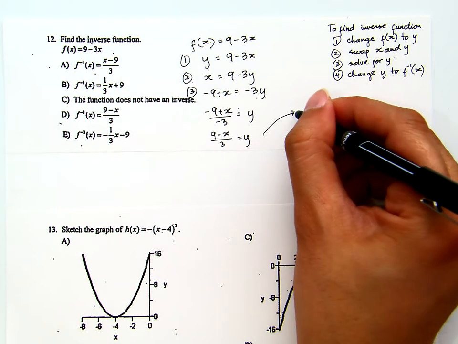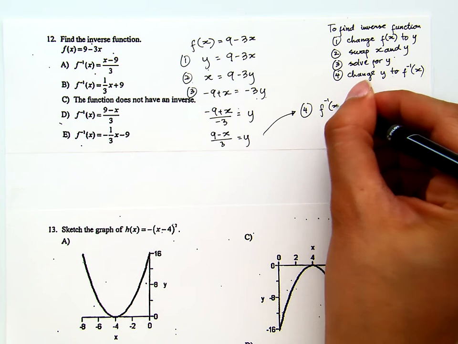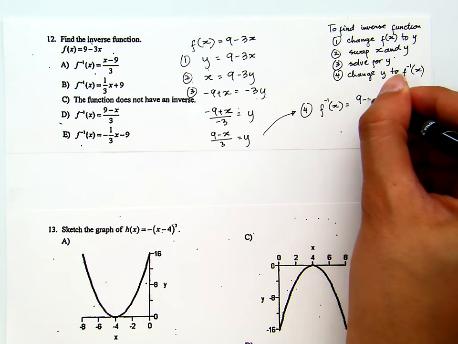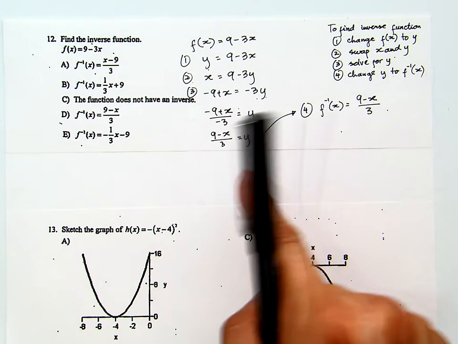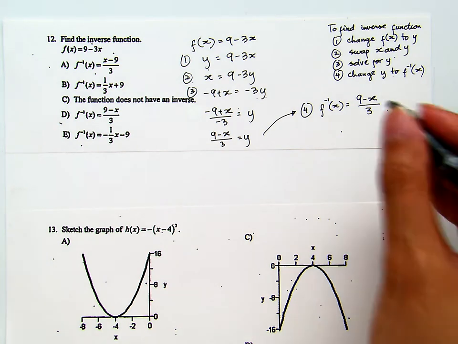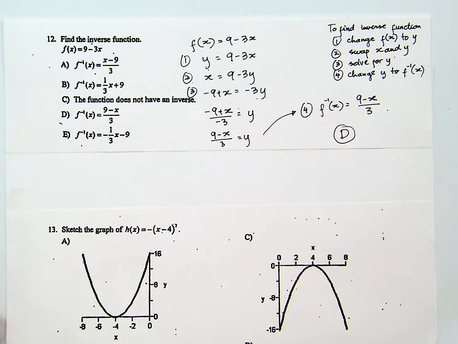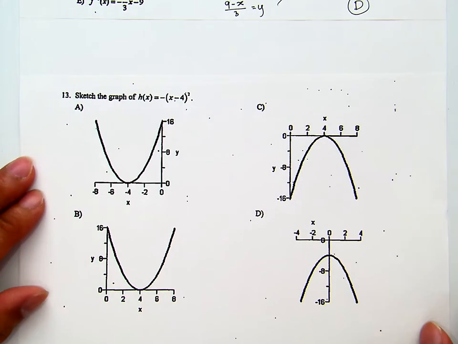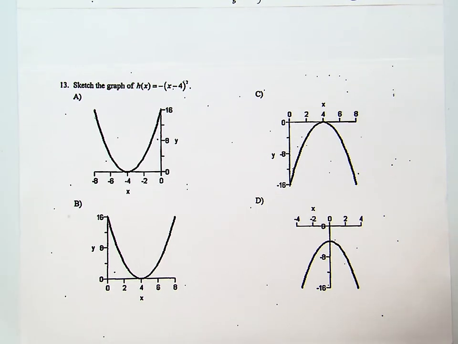Now in my step 4, this is the real step 4, f inverse x equals 9 minus x over 3, where I replace the y by f inverse x. From here we see the answer is D. Number 13: sketch the graph of h(x) equals the opposite of (x minus 4) quantity squared.